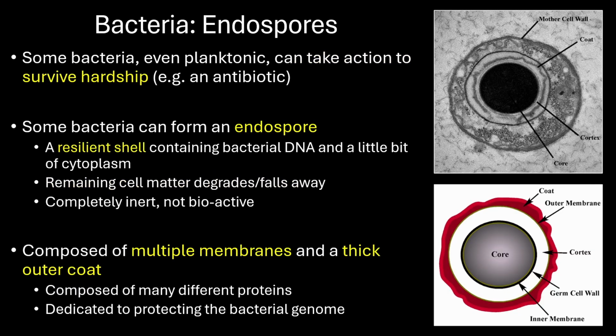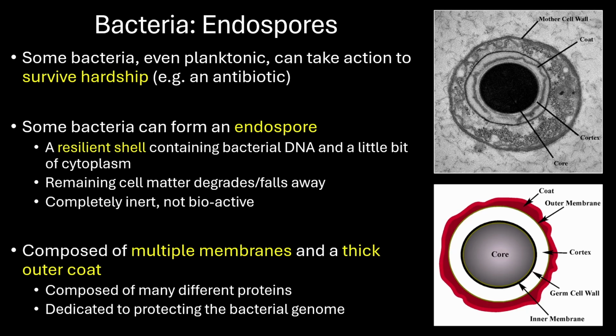Now, there are other mechanisms that bacteria can use to survive this environmental hardship that I was talking about, including things like antibiotics. One of the important things that some bacteria, not all, but a much smaller group of bacteria, can do is form an endospore. This is essentially a really resilient shell of bacterial DNA and a little bit of cytoplasm and other super basic resources and specific proteins.